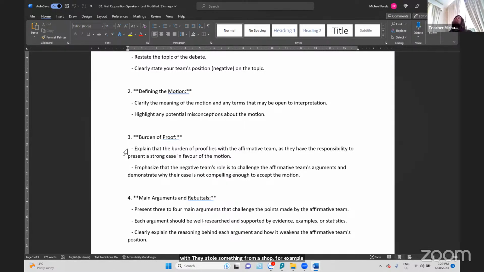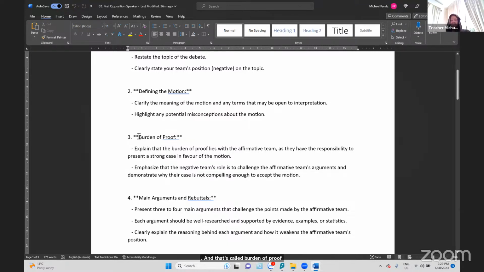It's not up to the person who's on trial to prove that they did not steal. It's up to the police to prove that the person did steal. And that's called burden of proof.